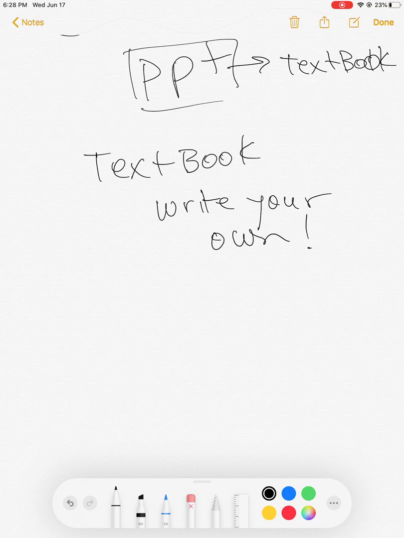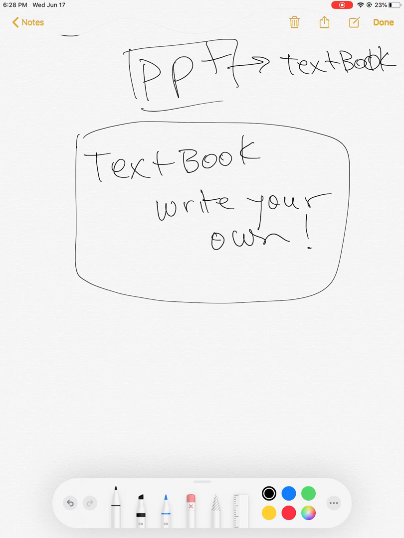There's no secret to those. They come straight out of the textbook. So if you want your own PowerPoint, I would suggest write it. It's just the same as taking notes from the textbook, which is, by the way, what most people who are very good studiers do, they take their own notes. Reading a PowerPoint is not really that great of a way to study. It's merely a way for somebody to present things to you in a classroom.